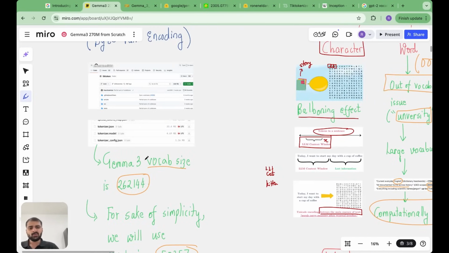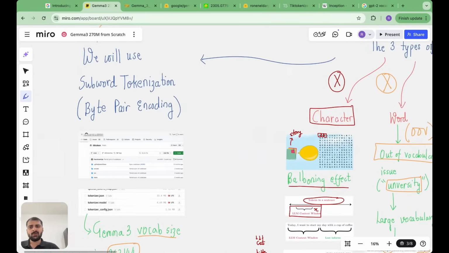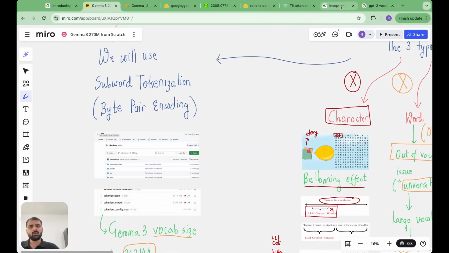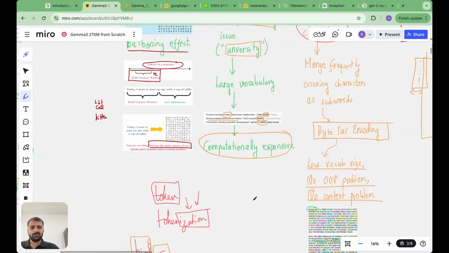I think they might be using a subword tokenization scheme itself, such as byte pair encoding, but the vocabulary size they have used is much higher. Typically, higher vocabulary size leads to higher compute, more number of trainable parameters, etc. So we will go ahead with byte pair encoding implemented through the tiktoken library, and the vocabulary size we are going to use is 50257.